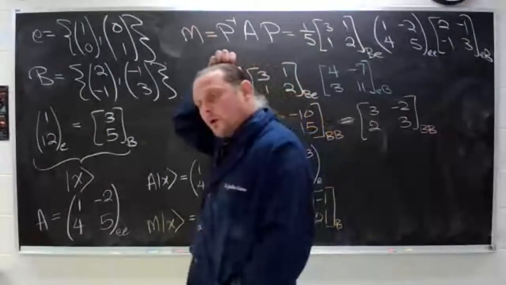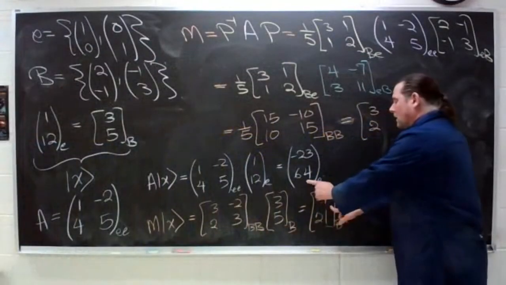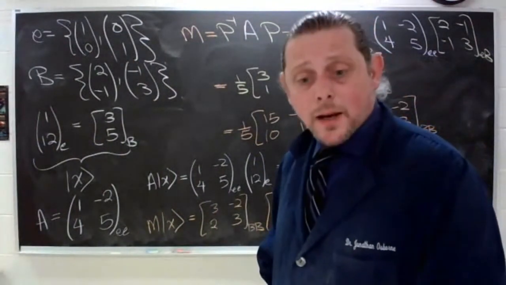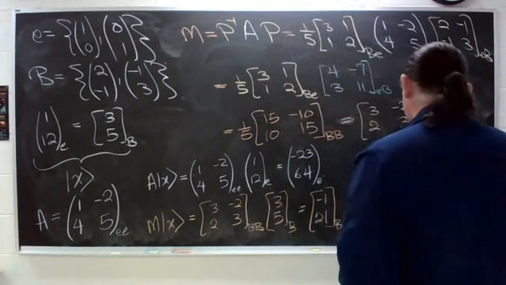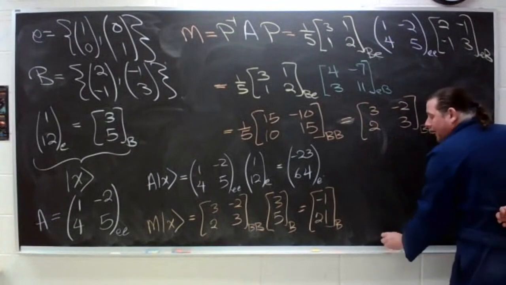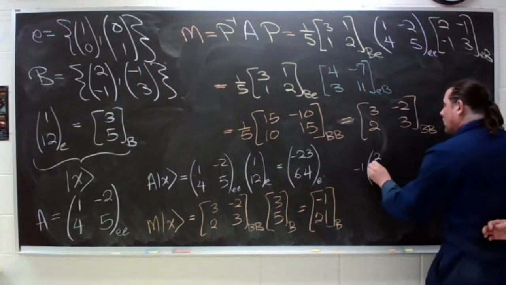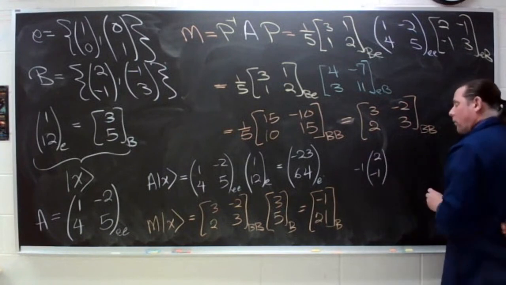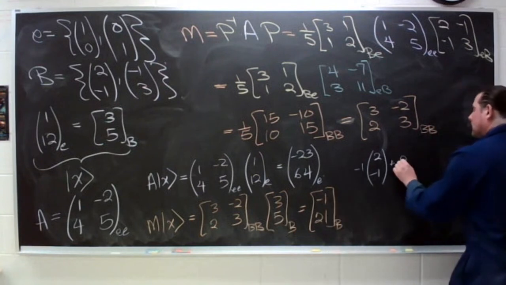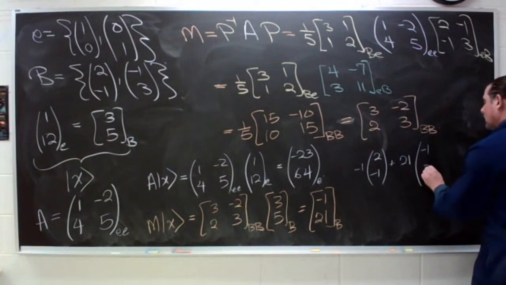Now, the moment of truth, we'll be seeing if these two vectors are simply different representations of the same vector. So let's see if they are. I'll have negative 1 times 2, negative 1, right? Plus 21 times negative 1, 3.